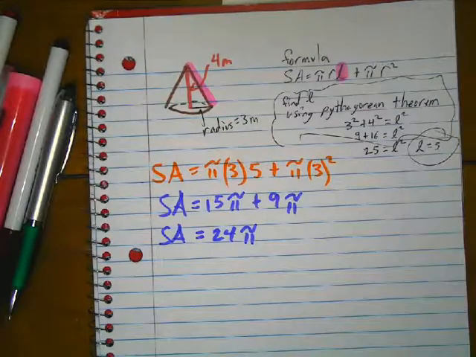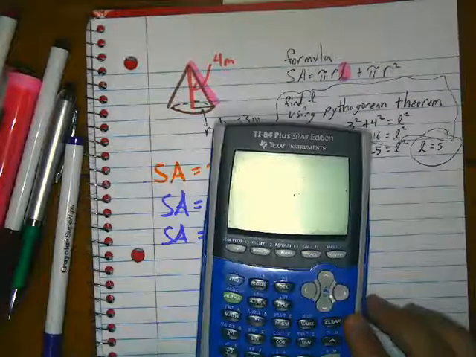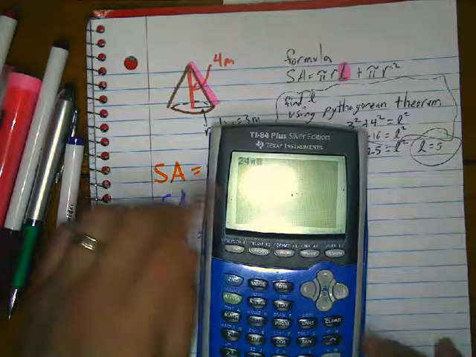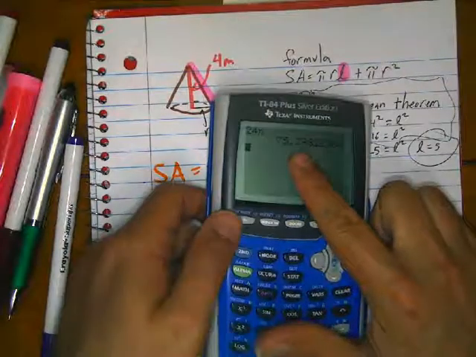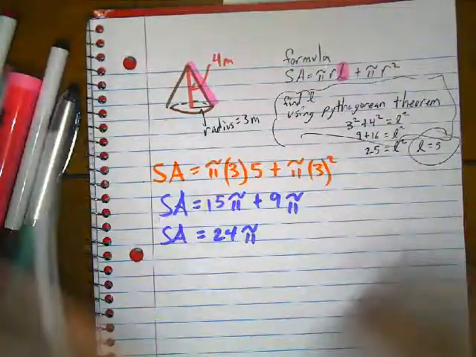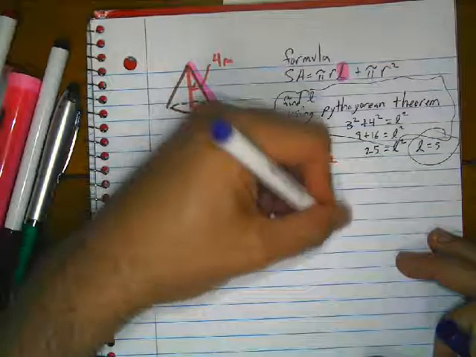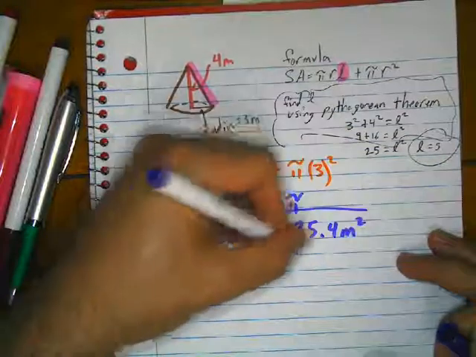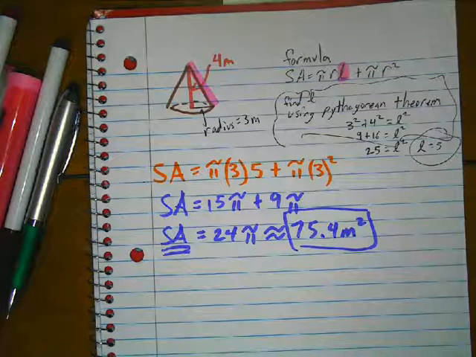If I want to find an approximation, I can go on my calculator and find 24 pi, and we get 75.4 meters squared. I hope that works. If you have trouble, watch this over a few times, and I hope that helps.